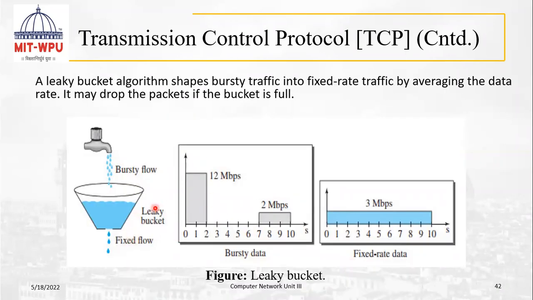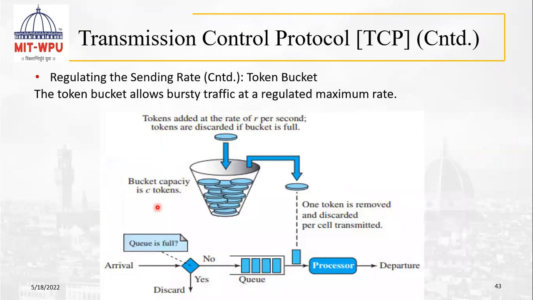So actually, we have studied this. I'll not spend much time on this. In the token bucket algorithm, there's a bucket of tokens. Whatever packets are coming from the source, you pick up a token, and then move into the network.